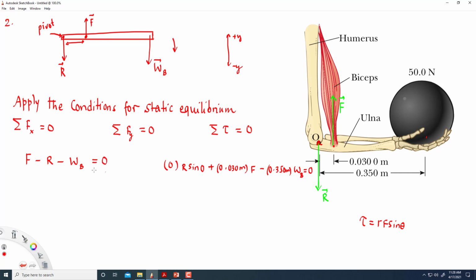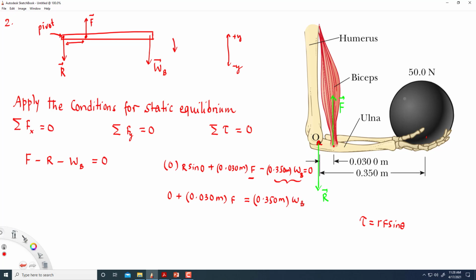Okay, so we have two unknowns in the force equation, so we don't want to use it first. Let's first use the torque equation because there is only one unknown in this case. The weight is known, R's term is 0, so F is the only unknown quantity. So 0 plus 0.030 meter times F. Take this term to the right side and it becomes positive: 0.350 meters times WB.